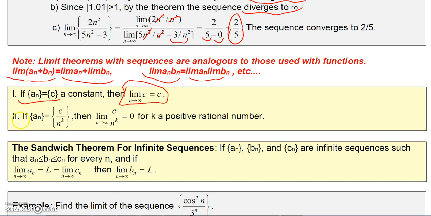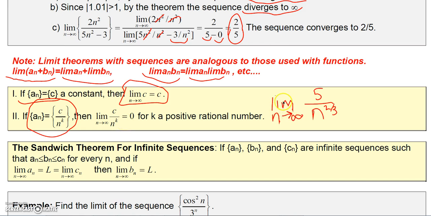And then this example here says that if a sequence is a constant c over n to a power k, where k is some power, then the limit of c over n to the k as n goes to infinity is always going to be 0.